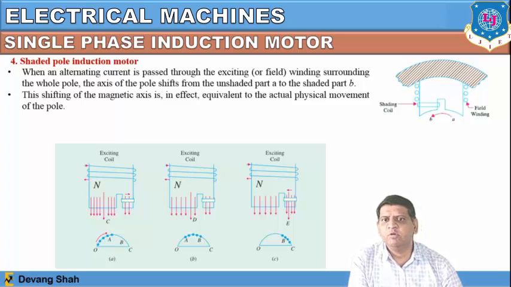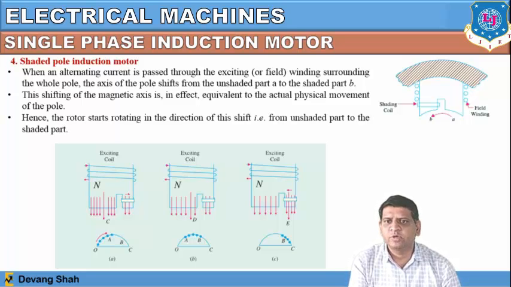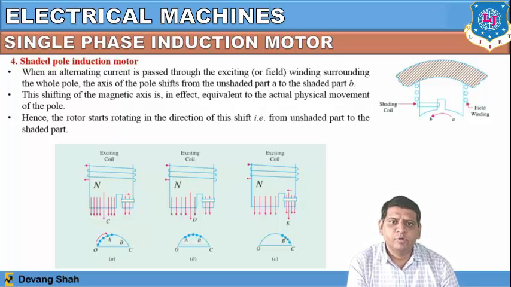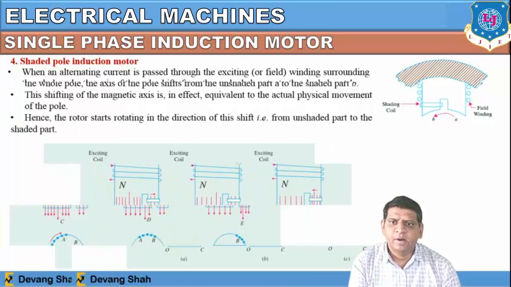Here the shifting of the magnetic axis is equivalent in effect to the actual physical movement of the poles, hence the rotor starts rotating in the direction of this shift. Ultimately the rotor will follow the shifting of this magnetic flux, which shifts from the normal pole to the shaded part, right?